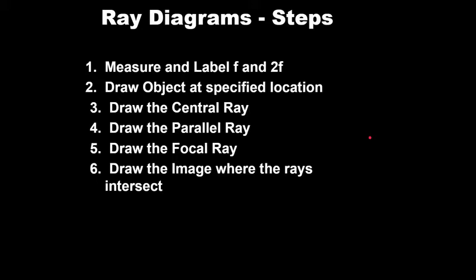So these are some steps for drawing ray diagrams, and I wrote these out to try to give you a systematic way to draw your ray diagrams, and you will be practicing those. So the first step is to measure and label the focal point and 2 times the focal point on each side of the lens.